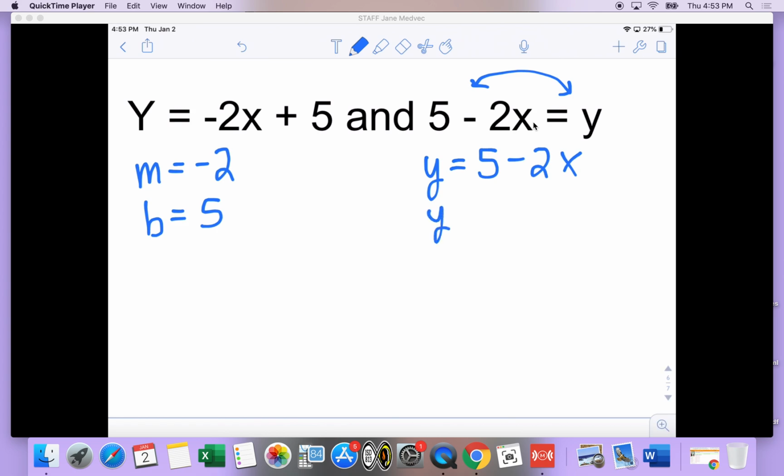And now I'm going to flip-flop my 2x and my 5. I don't have to add or subtract anything because they're on the correct side. They just need to change order. Now I can pull out my m, which is -2, and I can pull out my b, which is 5. So now we're going to compare our m's.